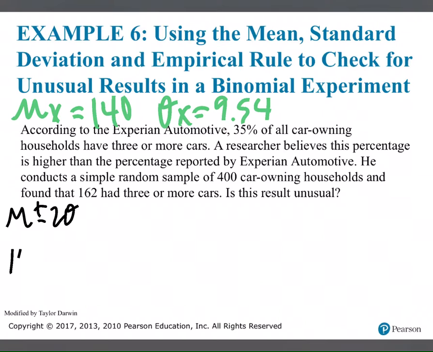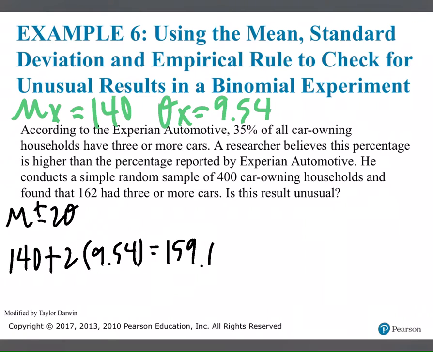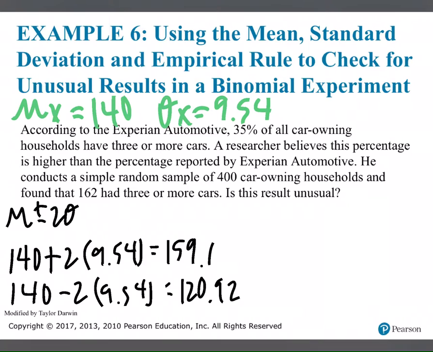So I'm going to do the plus one first. 140 plus 2 times sigma, which is 159.1. And then mean minus 2 sigma, which is 120.92.